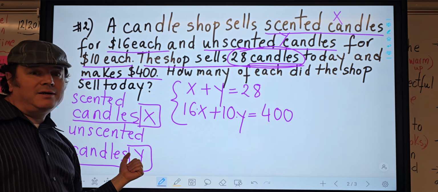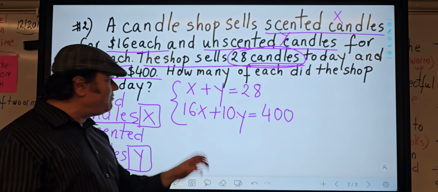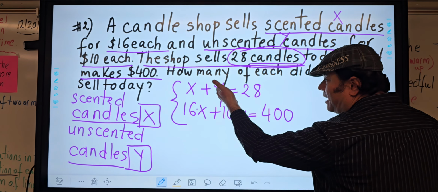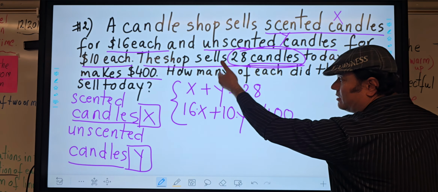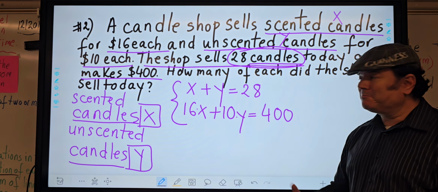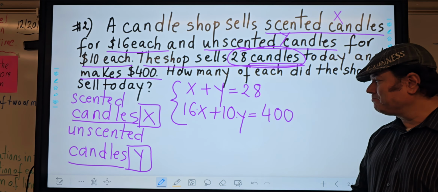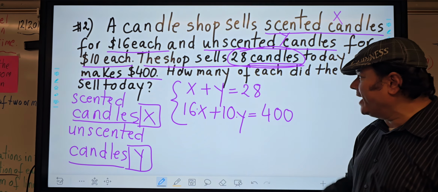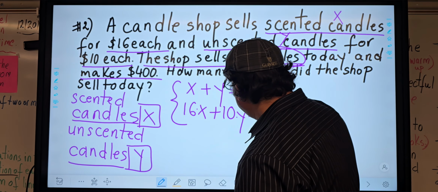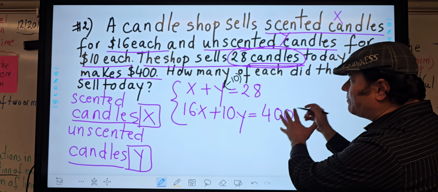If you want to cancel the Y, we multiply the top equation by -10. You have a choice, either X or Y. I'm going to choose the Y. So let's multiply the top equation by -10.